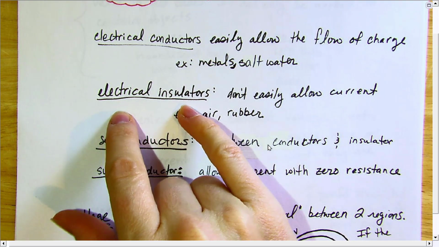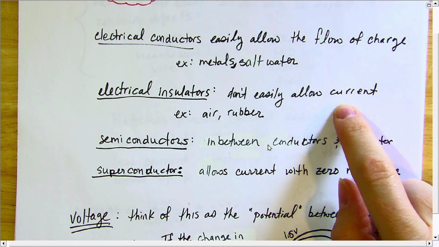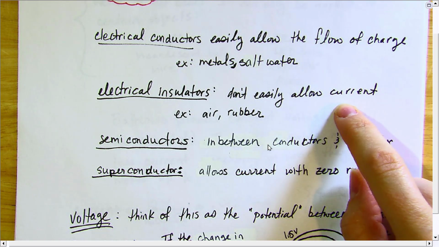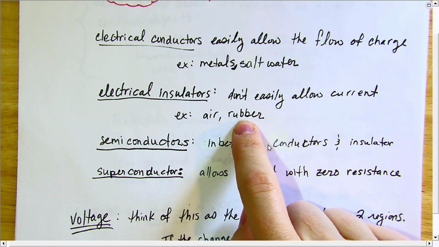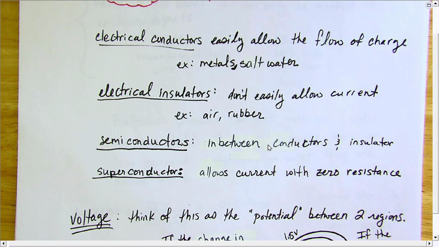Electrical insulators are materials that don't easily allow charge to flow through that material. Air and rubber are good examples of electrical insulators. You ever notice you put your hand by an outlet and the electricity doesn't jump from the outlet through the air to your hand? It's just because air is a good insulator.